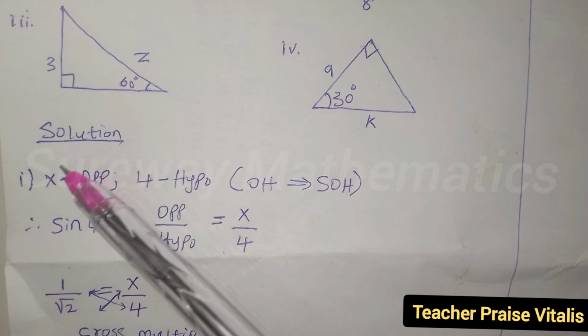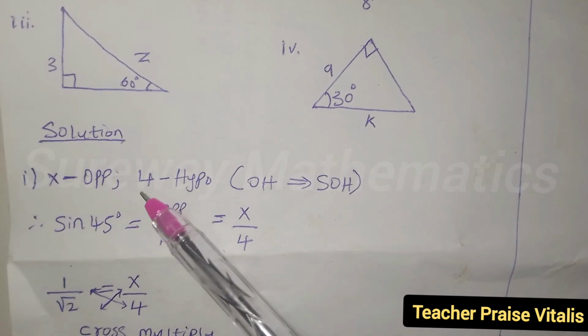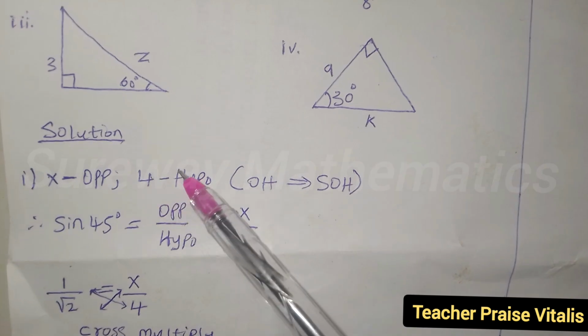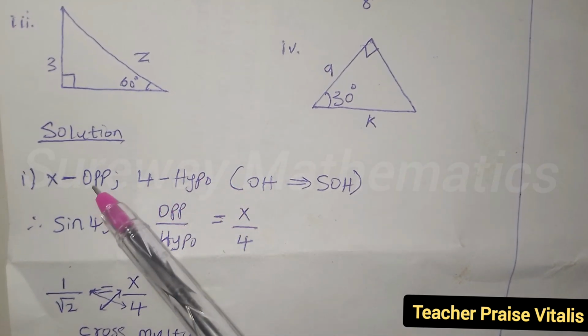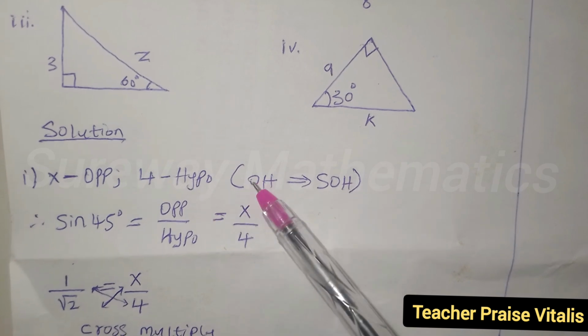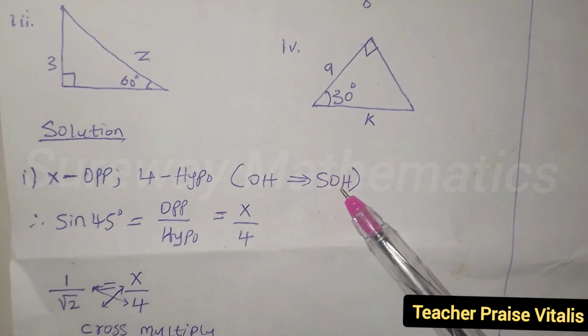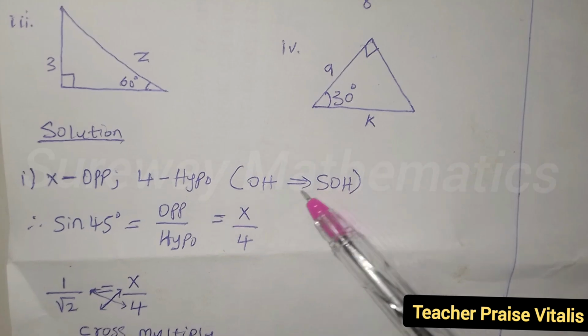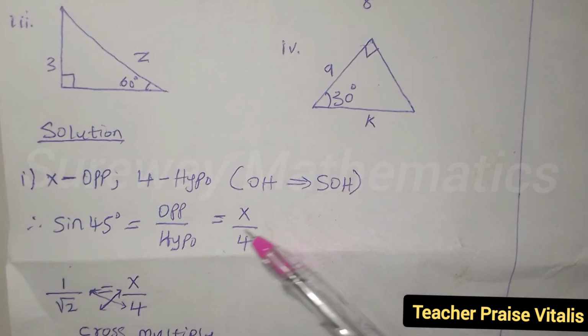Solution. Now, in the first question, x is the opposite, 4 is the hypotenuse. Since we have opposite and hypotenuse, OH, now we consider sine as the formula for solving.